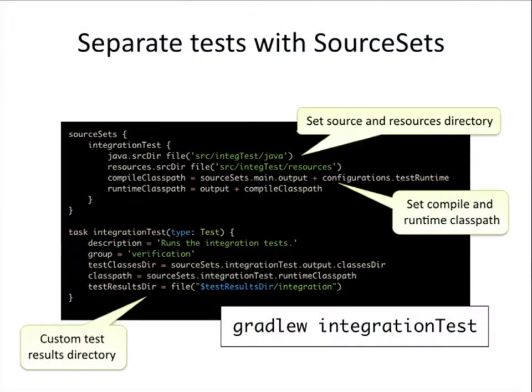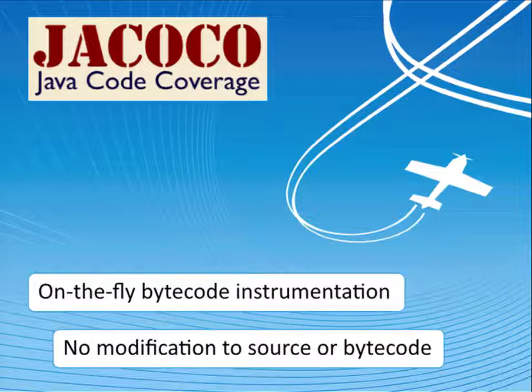And then the only thing you have to do here in your build pipeline is simply execute the specific task. One more thing I want to mention here, many people ask about code coverage, and we have one built-in tool option in Gradle core, which is based off JaCoCo, so it's a built-in plugin.